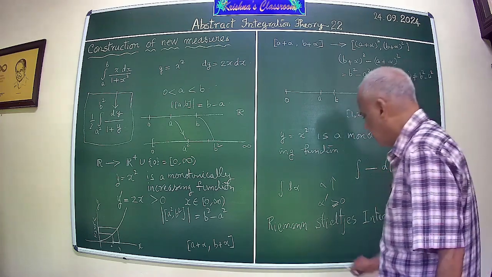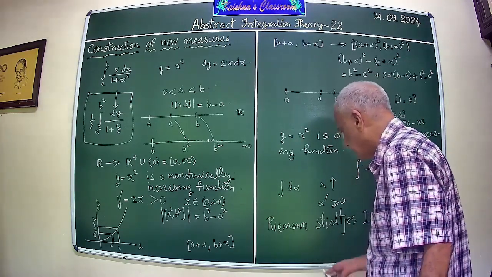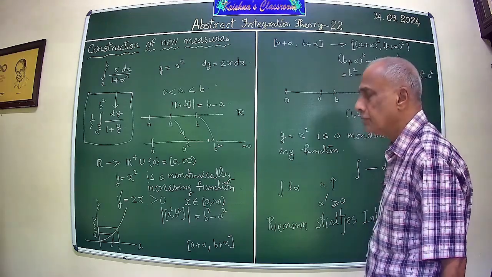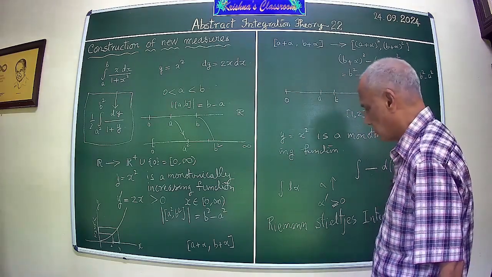Now you see that if alpha is such a monotonically increasing function, assume alpha is also smooth, so that the derivative of alpha exists.